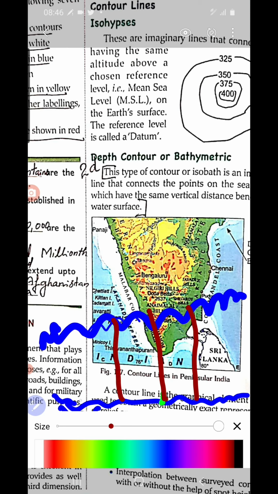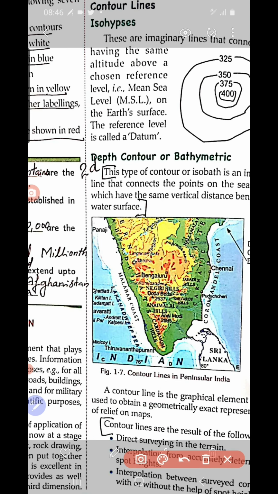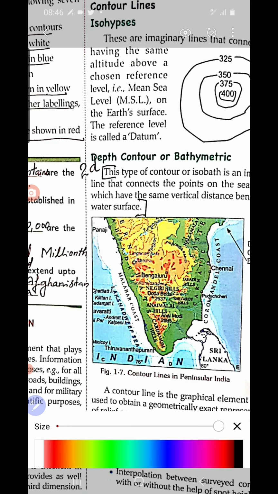Understood? That is what a depth contour is. To understand the depth of the ocean, we use the depth contour. It is clear, let us continue. This type of contour is an isobath, a depth contour or bathymetric contour.